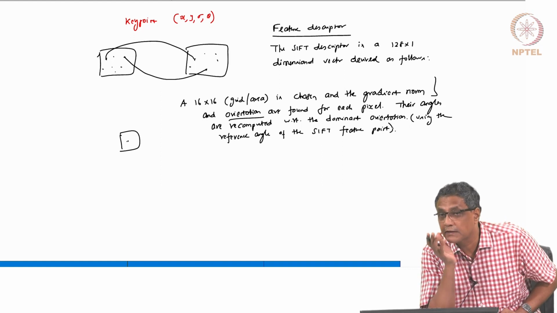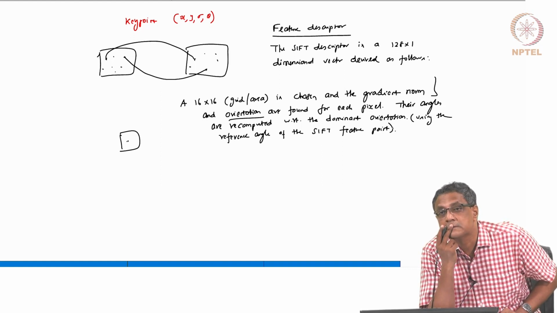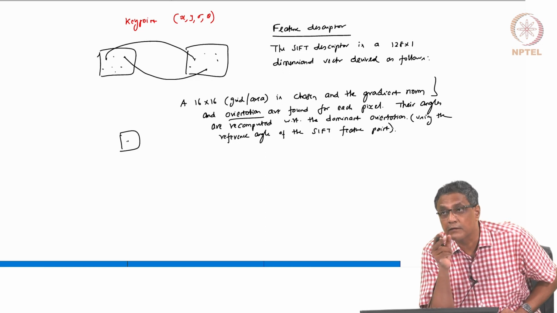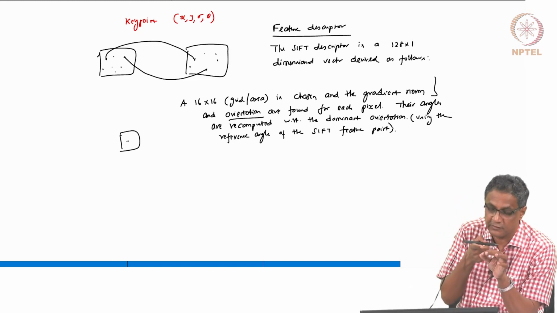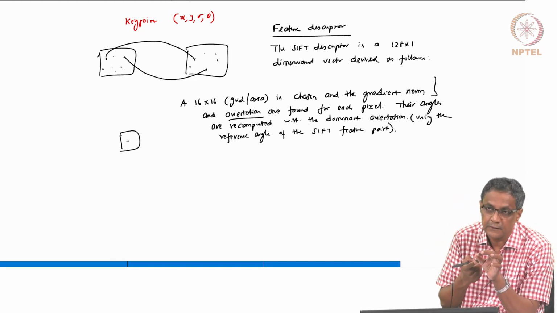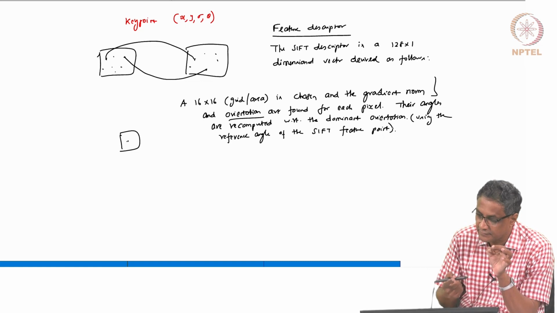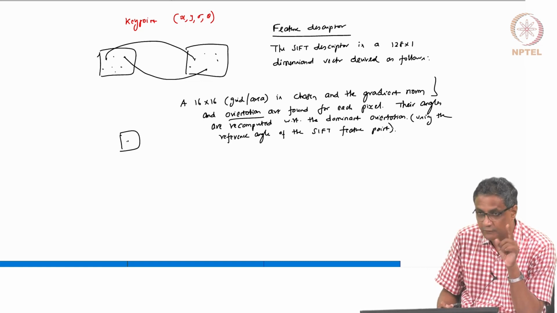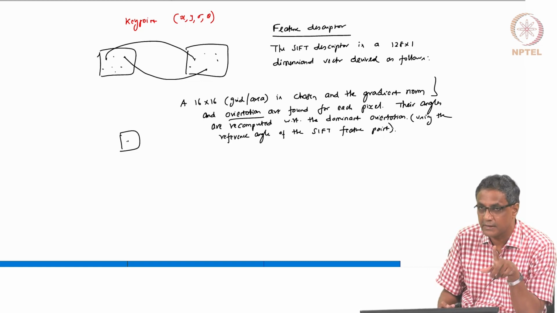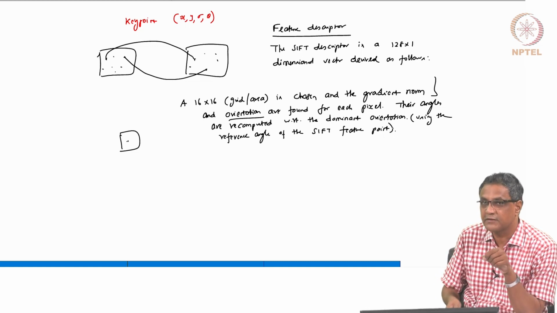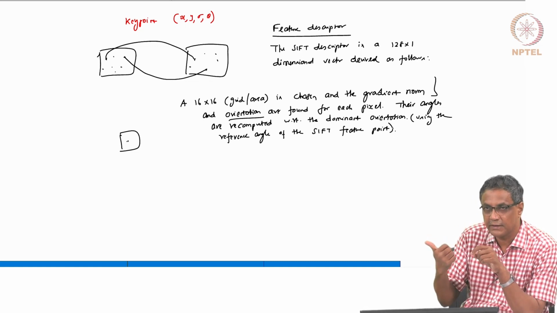So that will basically be the difference between the gradient angle and the orientation of the keypoint. What we are saying is, we were trying to find out, around the keypoint and with respect to the keypoint, where are the others? The gradient norm and orientation are found for each pixel around the extrema, and for the extrema itself you have a dominant orientation which you have assigned.